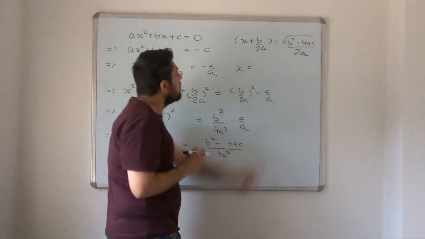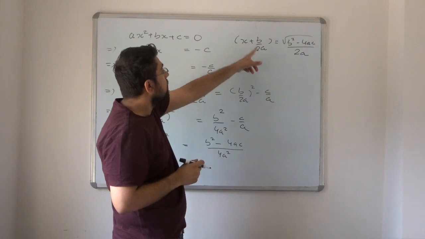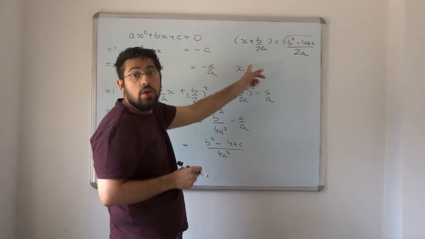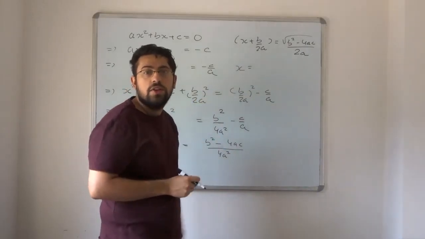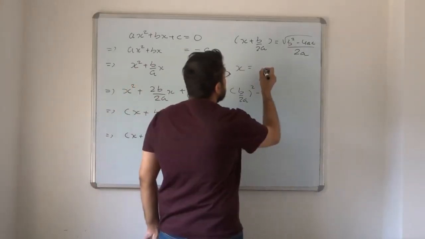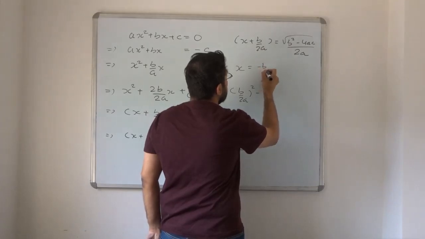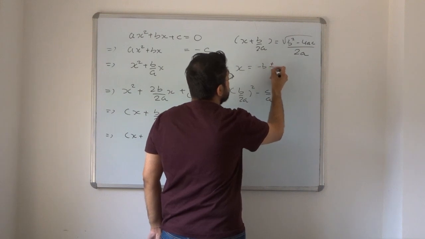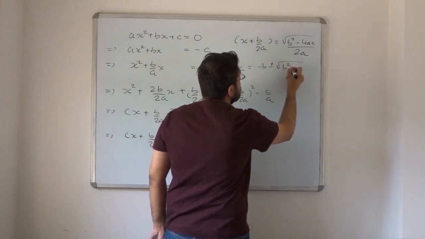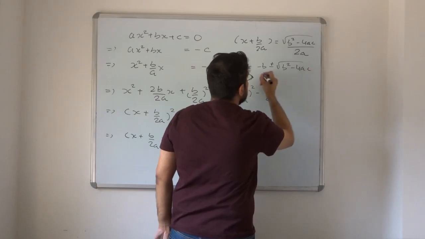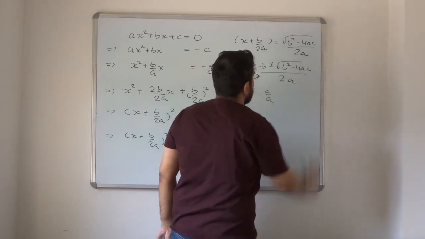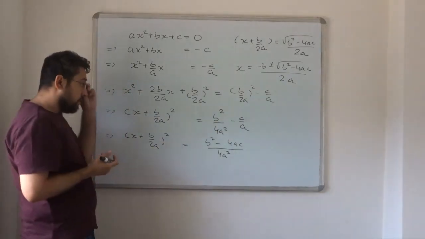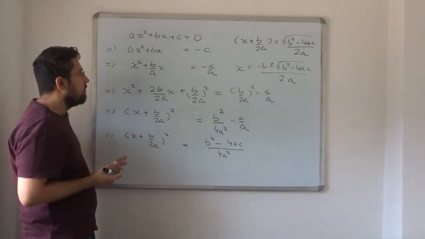Obviously here you have b upon 2a, but because it's positive on the left hand side, when you transpose it, it's going to be negative. So now you have negative b plus minus square root of b squared minus 4ac, upon 2a. We've derived the quadratic formula. So this is basically how you derive the quadratic formula.